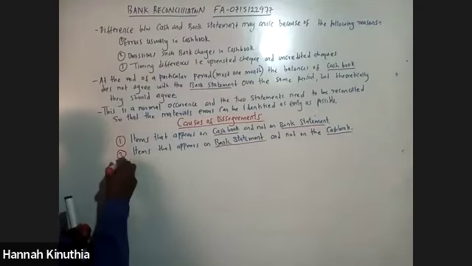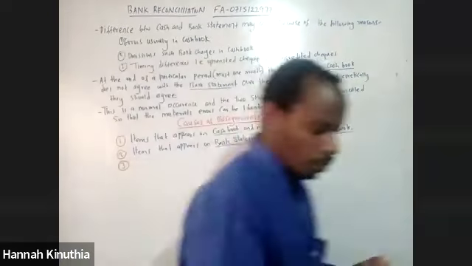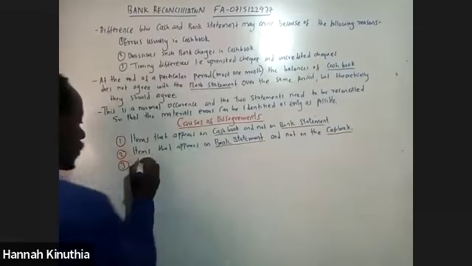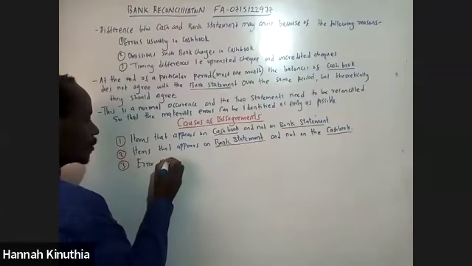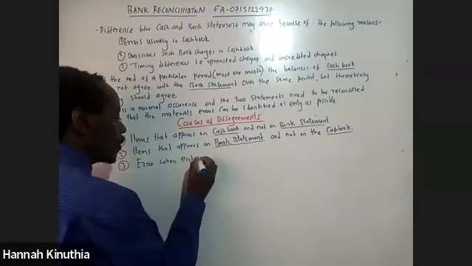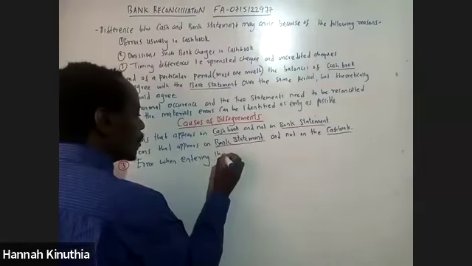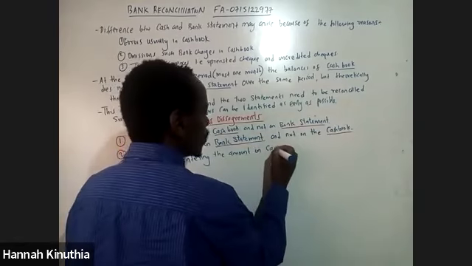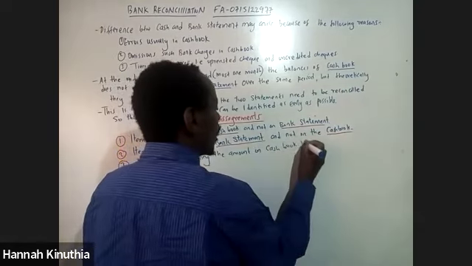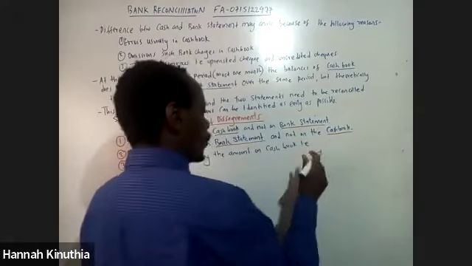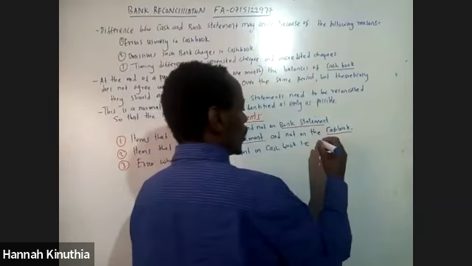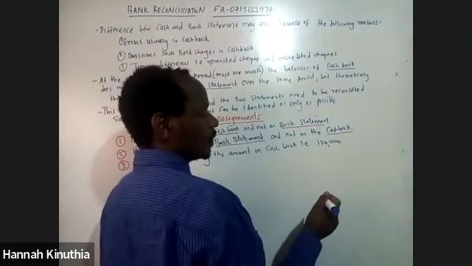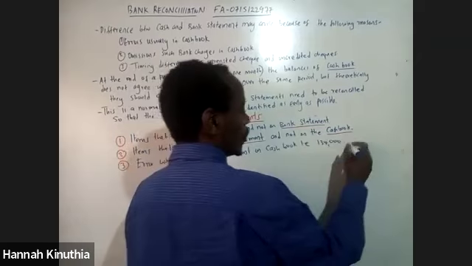Number three, we can talk about errors when entering the amount on the cash book. For example, you are supposed to insert 143, but you insert 134 instead.